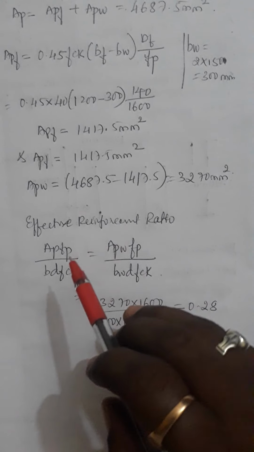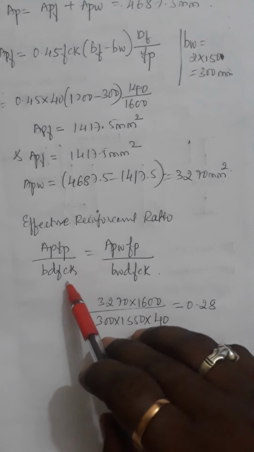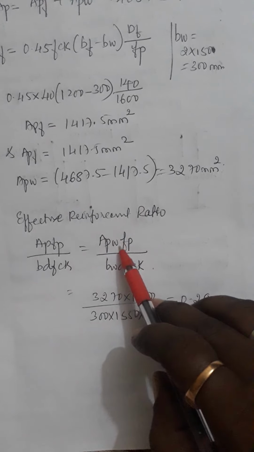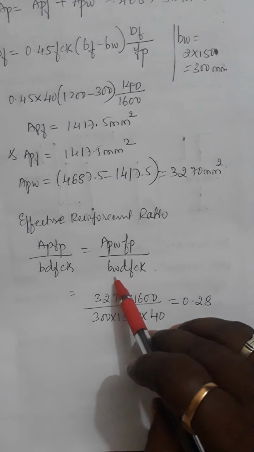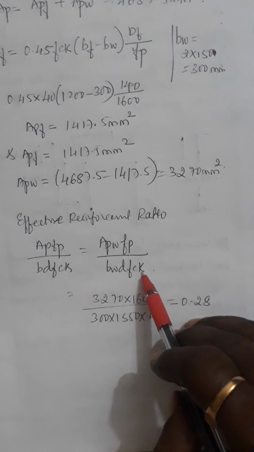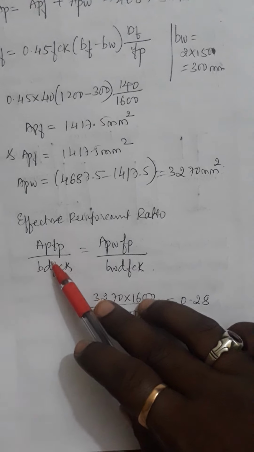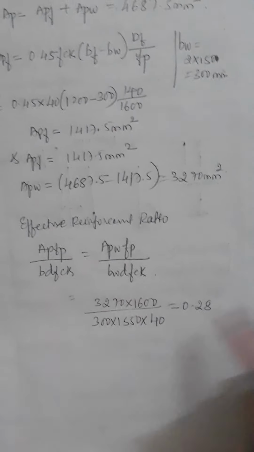So APF AP into FP divided by BD into FCK is equal to area of pre-stressing web plus FP into breadth of the web into depth into FCK. So if it lies at the web, then AP will become APW and breadth will become BW.